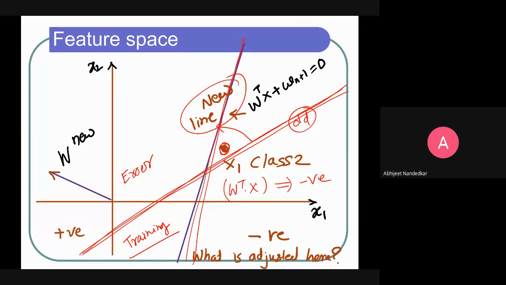So as he's saying, you have to change the slopes. Slopes are actually controlled by W1, W2, and W3 in this case.